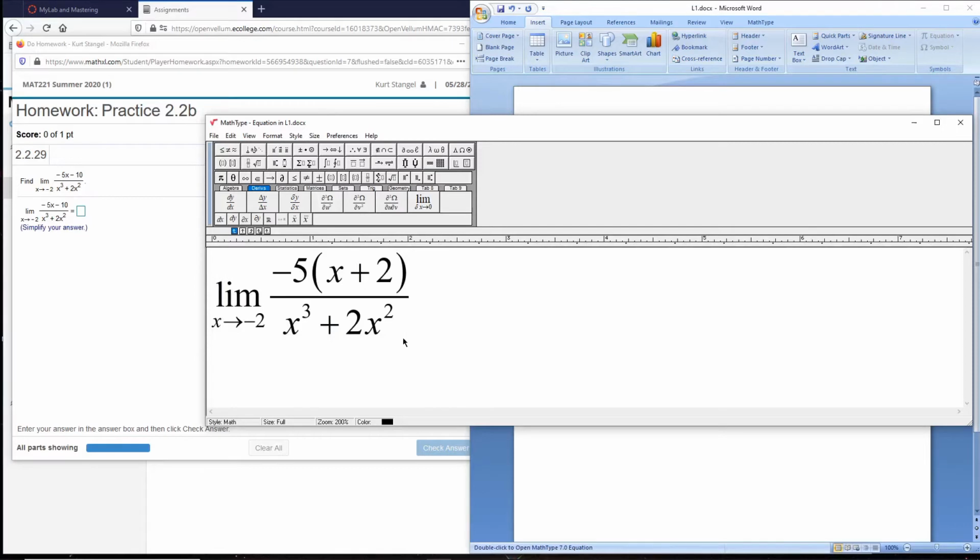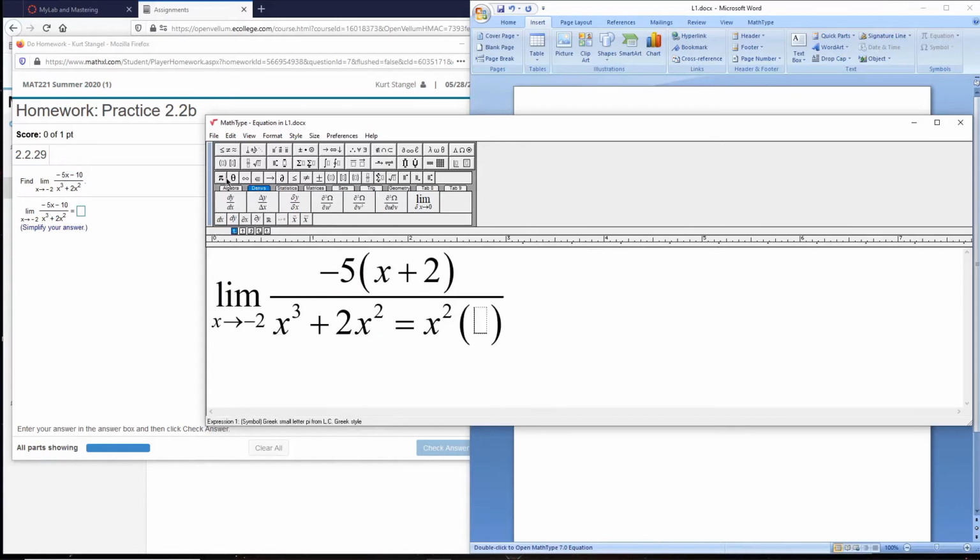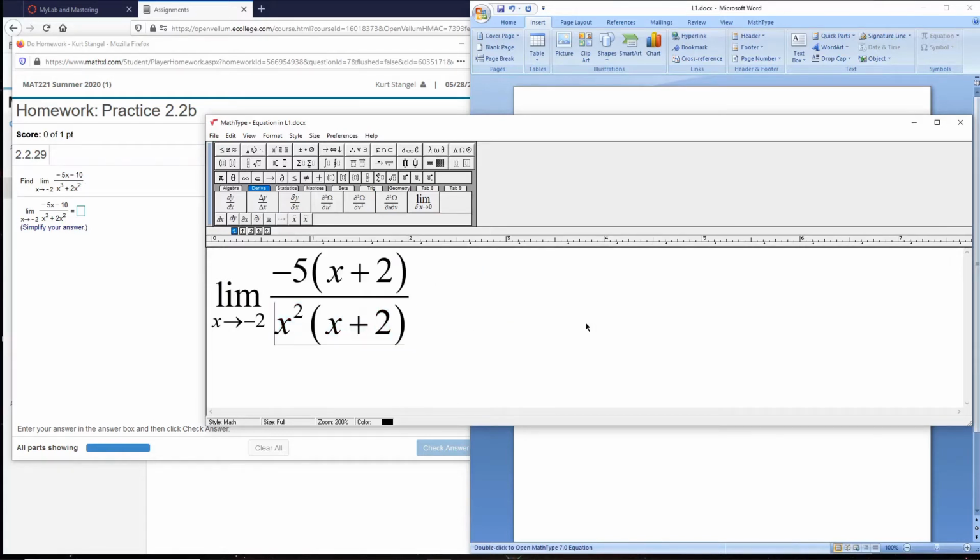And if we look at the denominator here, we see we can factor out an x squared. And that would give us x plus 2. Factoring. And we can see the x plus 2's cancel.